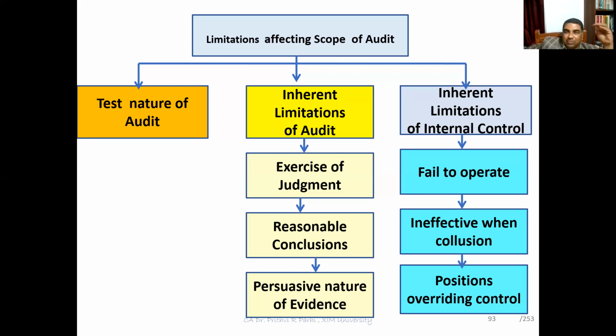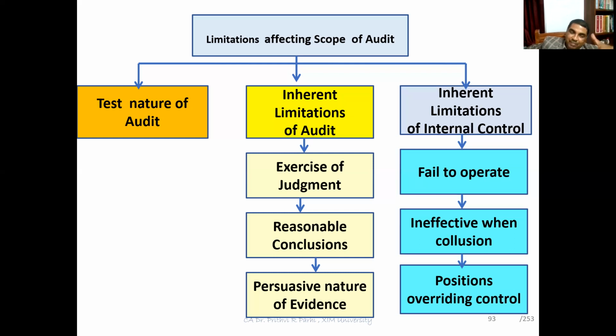Reasonable conclusions, what a normal person can see. Suppose the auditor is seeing that money has been paid to someone and a voucher has been signed; the auditor can draw a reasonable conclusion that money has been paid. But if that signature is fake, the auditor may not be able to detect that. Because the auditor can only draw a reasonable conclusion, not an absolute conclusion.